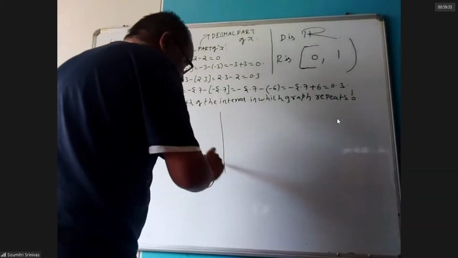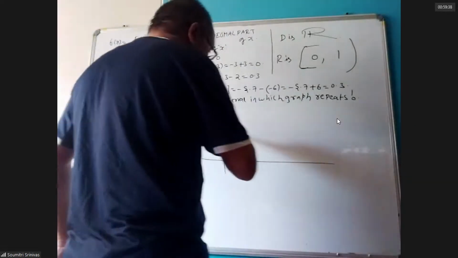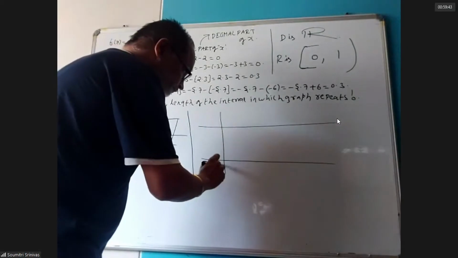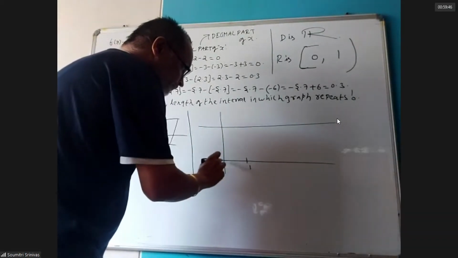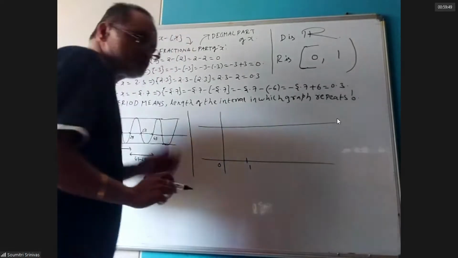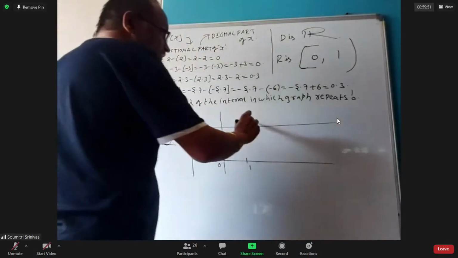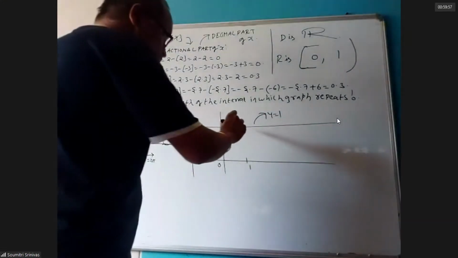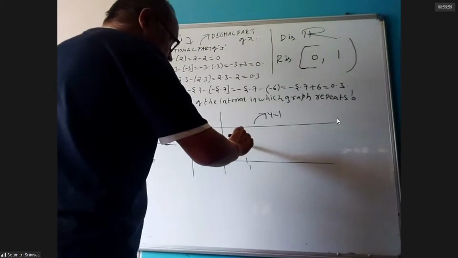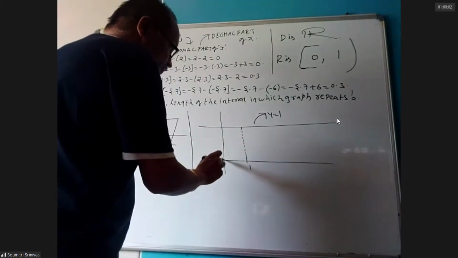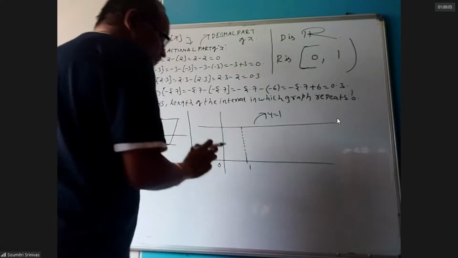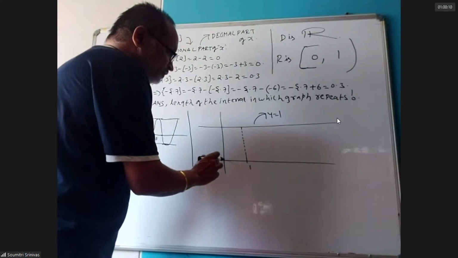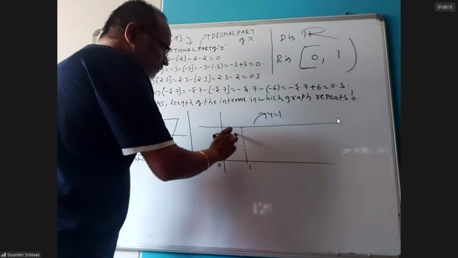Look at its graph, look here. This is the line called y equals 1. At 0, 0; 0.1, 0.1; 0.2, 0.2; 0.3, 0.3; up to 0.99, 0.99.